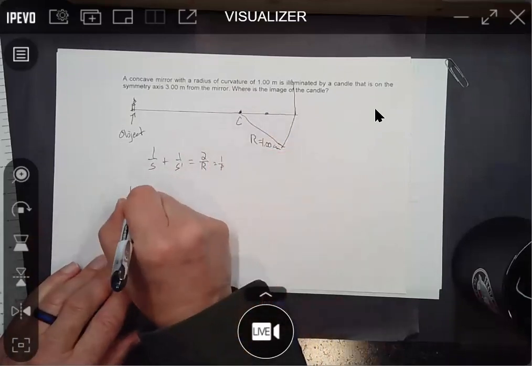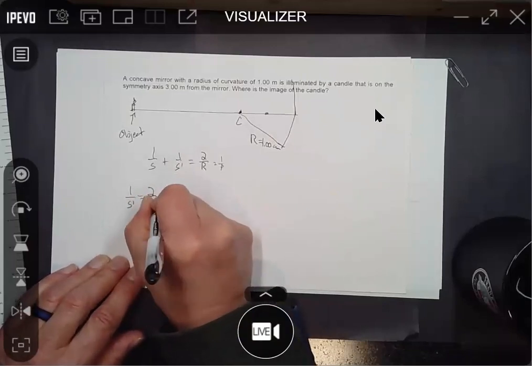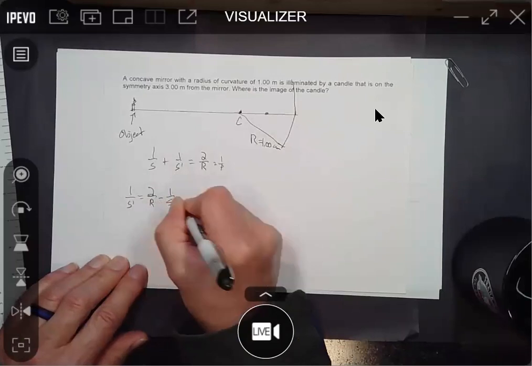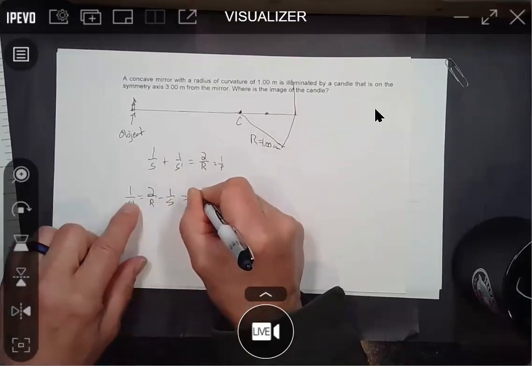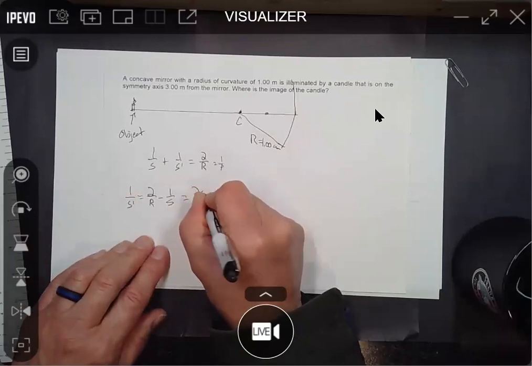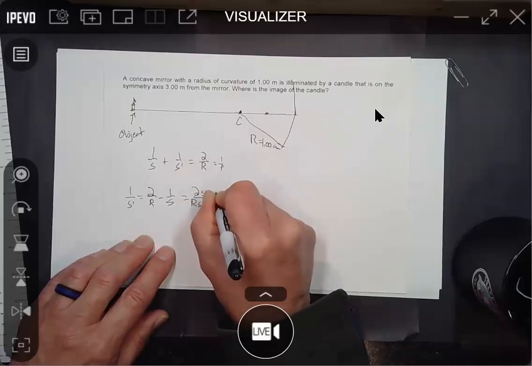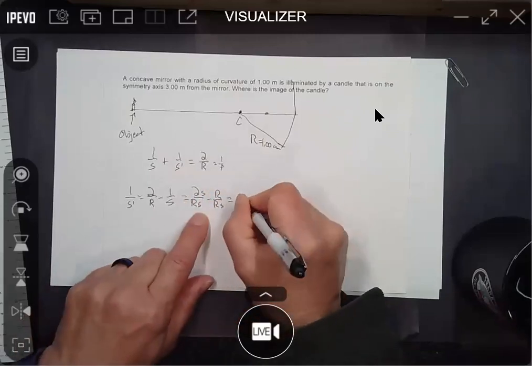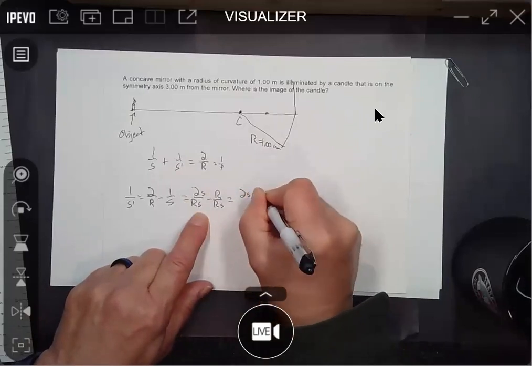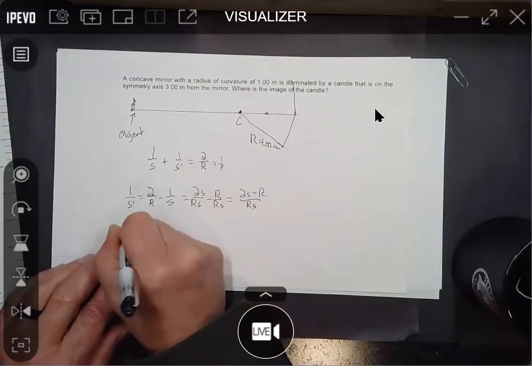Well, 1 over s prime is equal to 2 over r minus 1 over s, which is 2s over rs minus r over rs. And that looks like 2s minus r over rs.